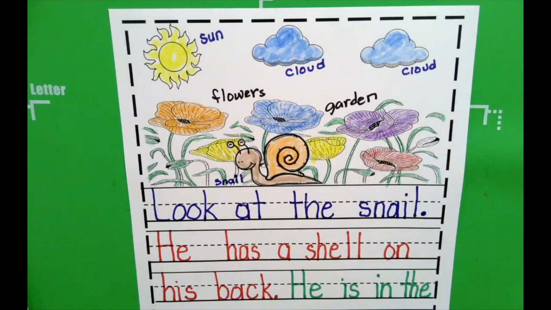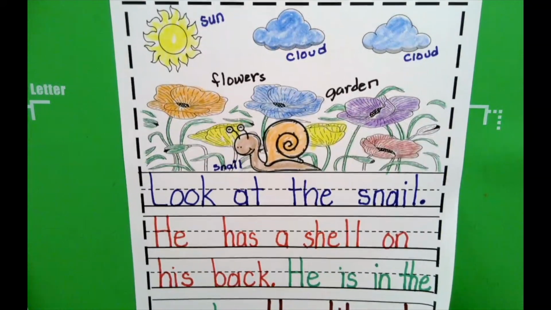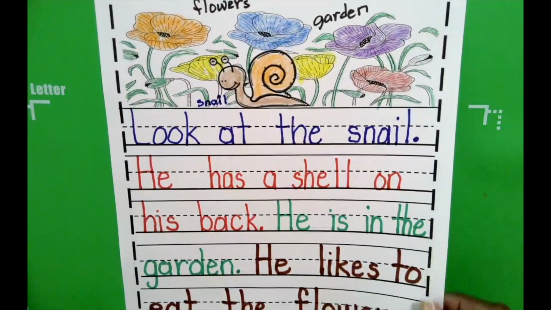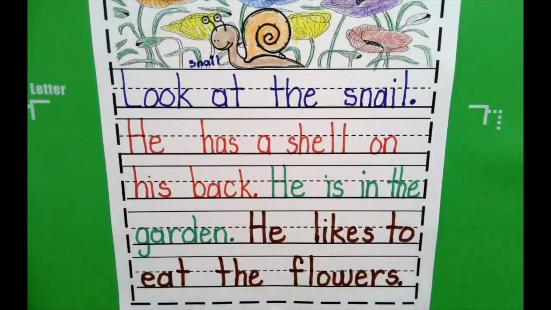There you go, and we're done, boys and girls. Take a look, and you can continue coloring and writing. We did such a great job, boys and girls.